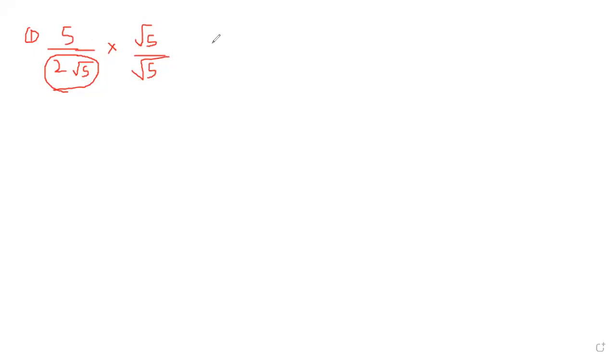The only thing that will happen is when we multiply like this, it will look like 5 square root of 5 over 2 times square root of 5, times square root of 5. So that will give us 5 root 5 over 2 times square root of 5 times square root of 5, which is square root of 5 squared, which is 5.